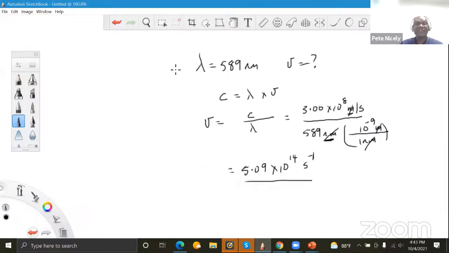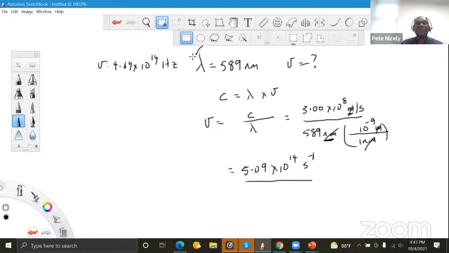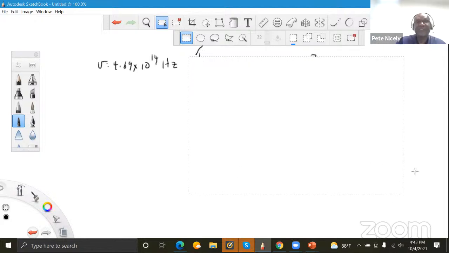Let me write this here. So frequency is equal to 4.69 times 10 to the 14 Hertz. So let me take out all of that.